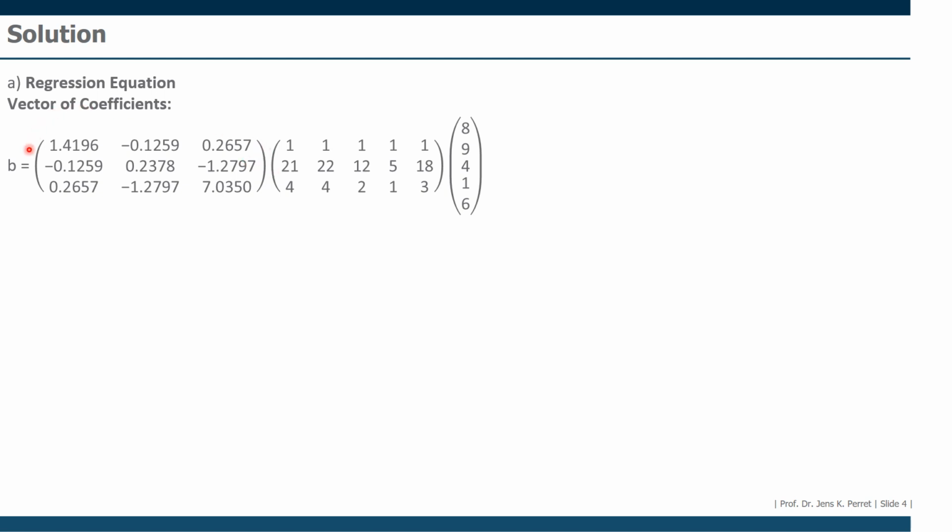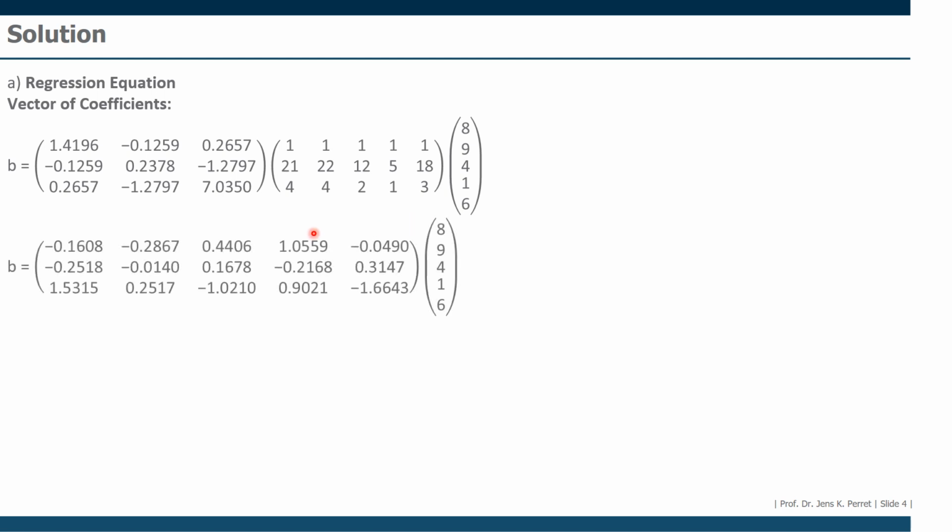Then we have matrix x transposed, and we have the vector y. In the next step, I'm going to multiply these two matrices, giving me this result. And then finally multiplying this matrix with this vector, giving me a vector with just 3 entries.